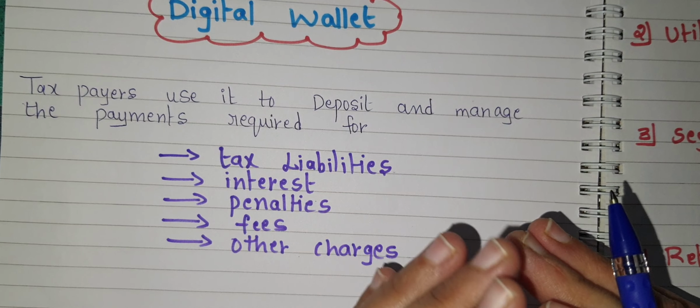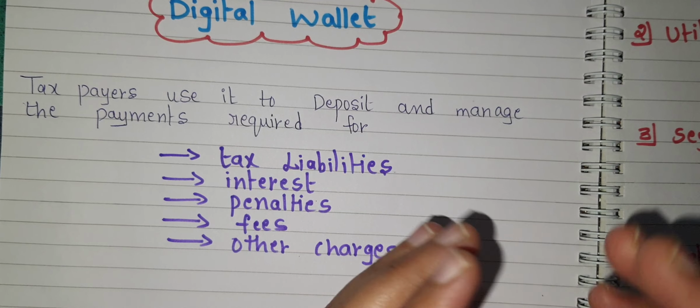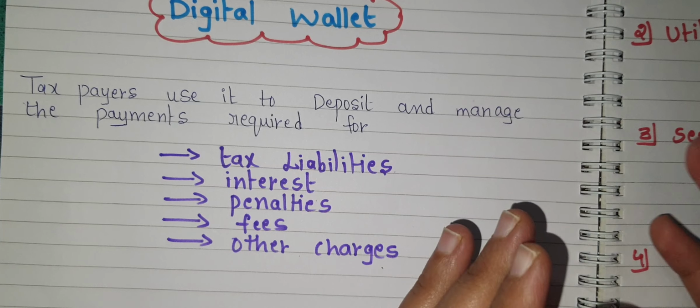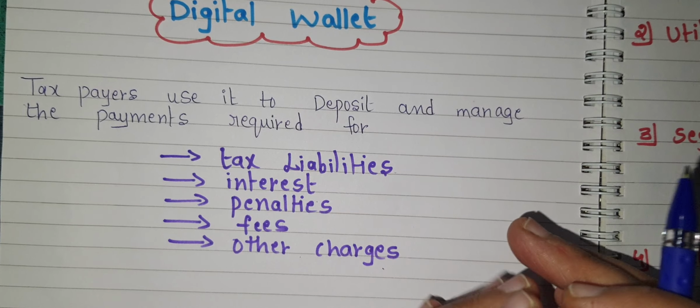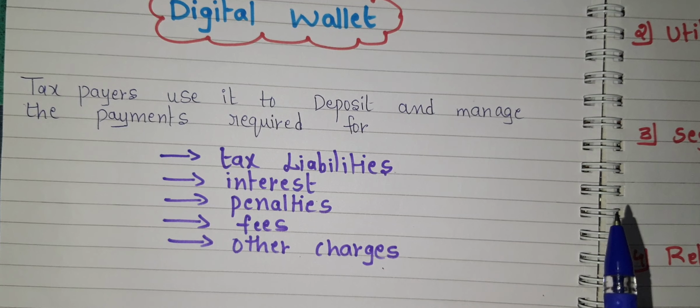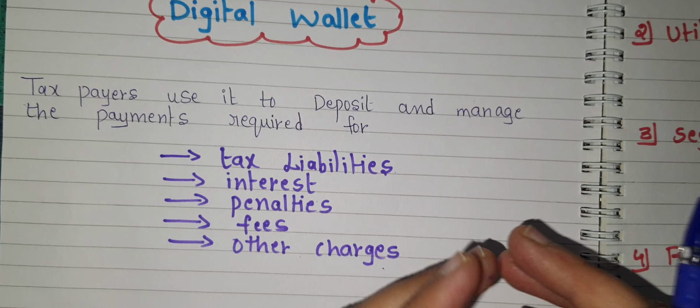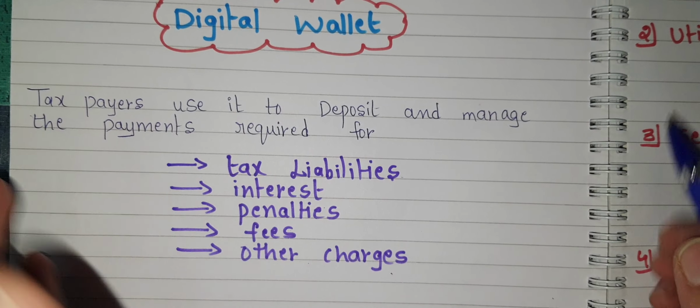The taxpayers first deposit the required amount in the electronic cash ledger, and afterwards they make the payments required for tax liabilities.